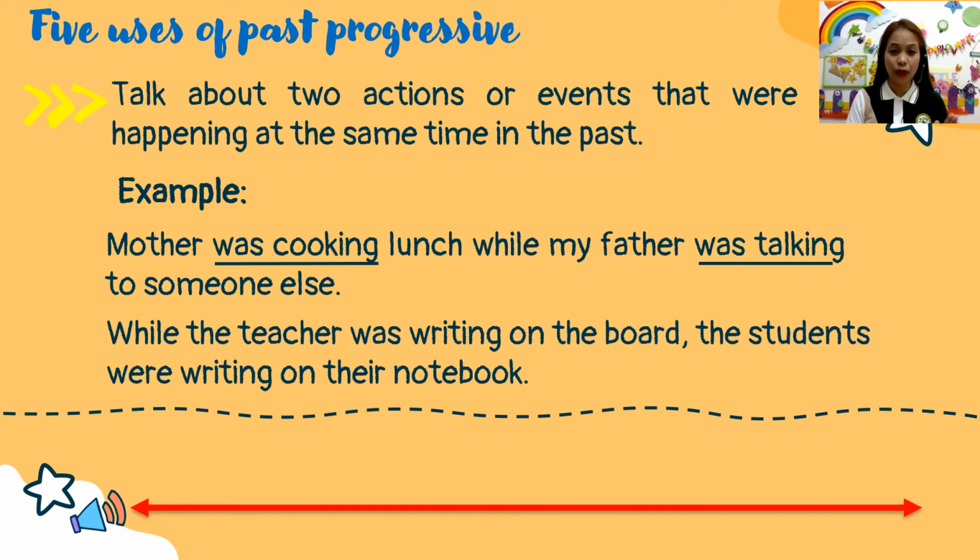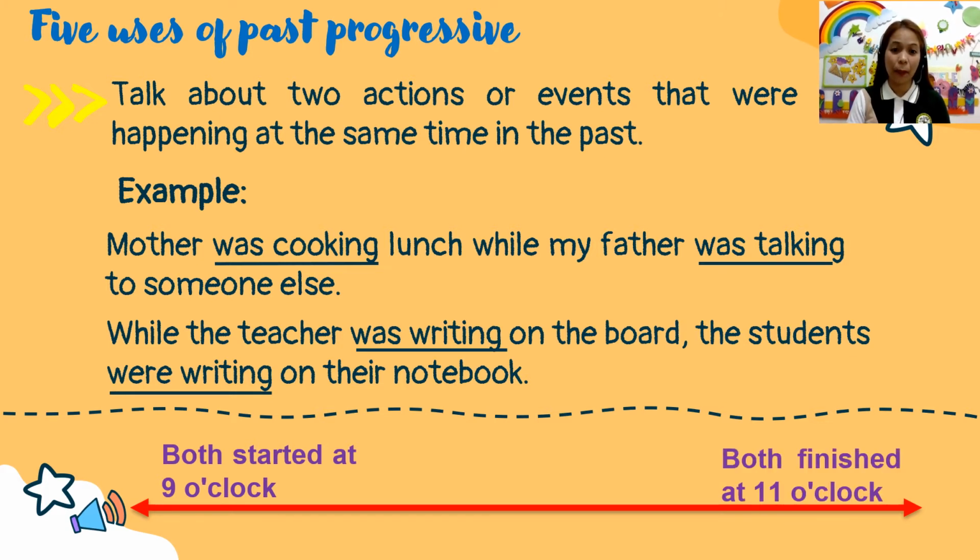You see, 2 actions in one sentence. The other one is was writing, were writing. Mother started cooking at 9 o'clock, and father started talking on the phone maybe at 9 o'clock as well. They both finished their action maybe at 11 o'clock. Okay, so they were doing the same action at the same time in the past. Okay?